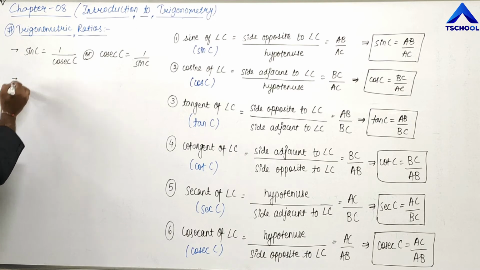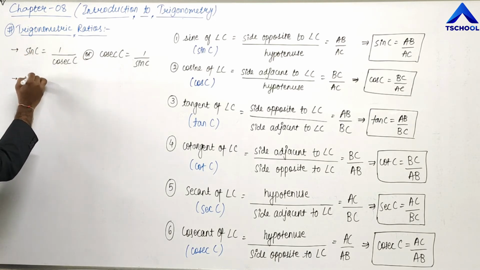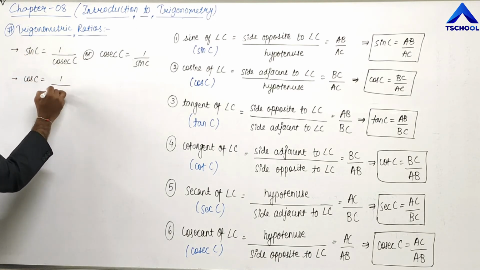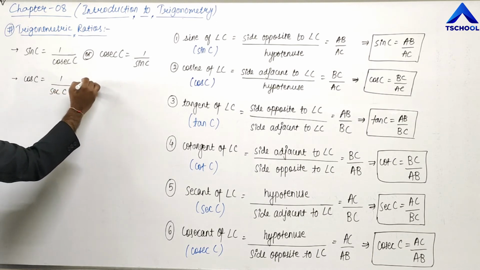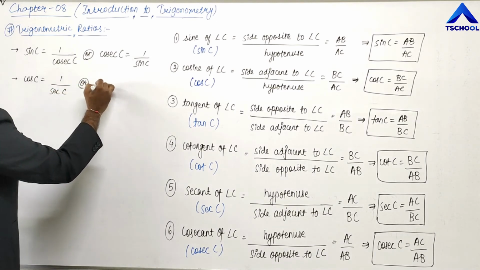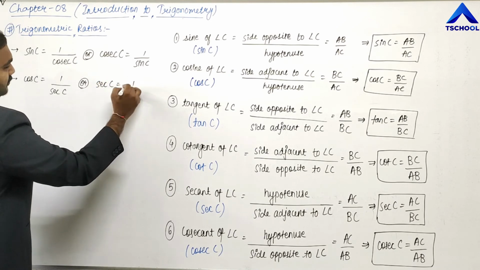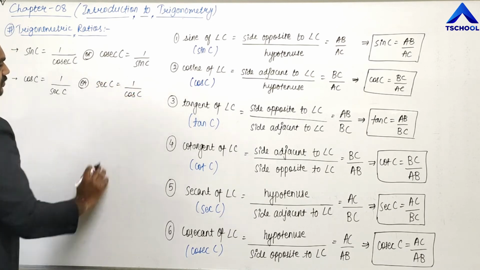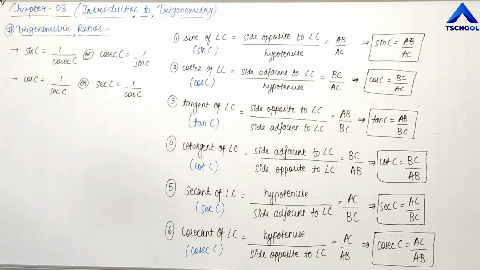The second thing you need to learn or understand, that is cos C is equal to 1 upon sec C, or sec C is equal to 1 upon cos C. Right? So this is the second ratio.